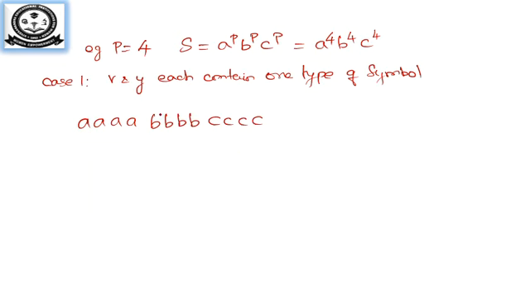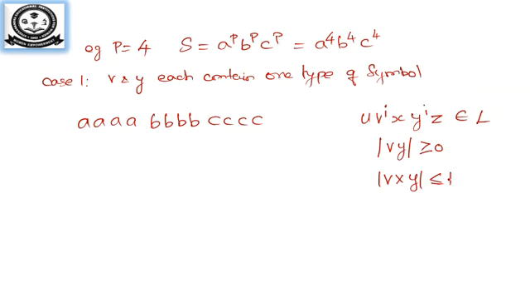Before dividing into 5 parts, you should understand the 3 things you have to prove here. First, u v^i x y^i z should belong to the language. Second, the length of v and y should be greater than 0. Third, the length of v, x and y should be less than or equal to the pumping length.